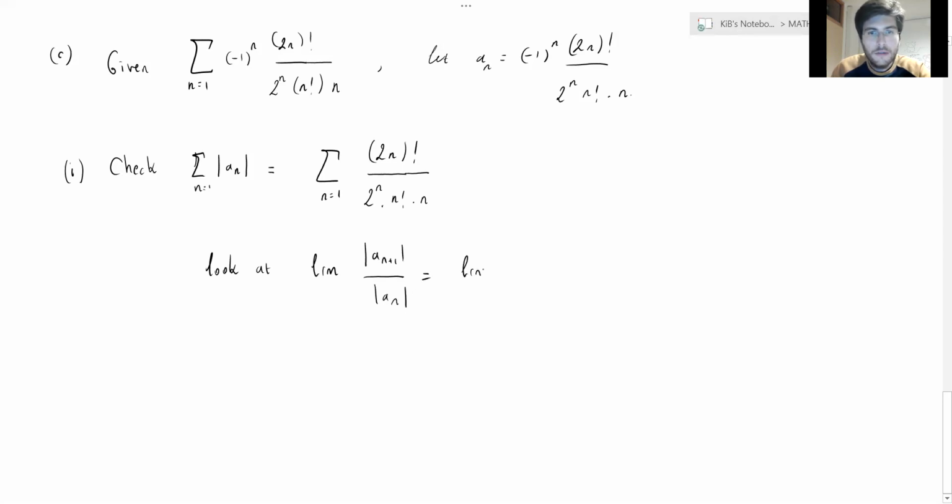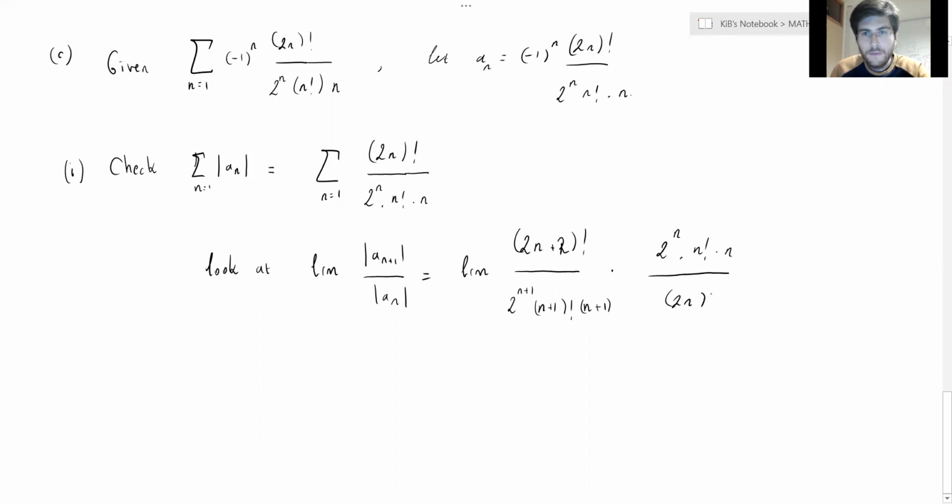And if you do this limit, maybe I should write it down at least. Okay, let me write it down. (2(n+1))!, then 2^(n+1) times (n+1)! times (n+1), so instead of n, I just write n+1, okay? And the times 2^n n! n, and divided by (2n)!.